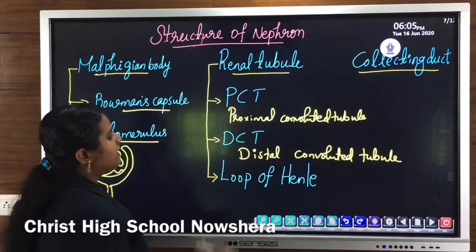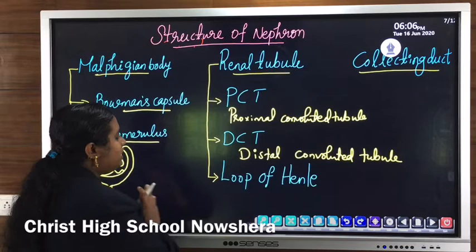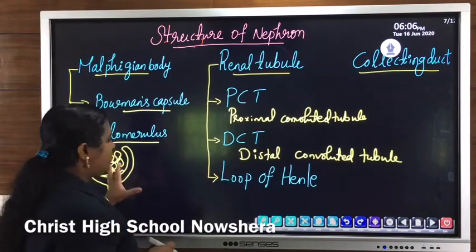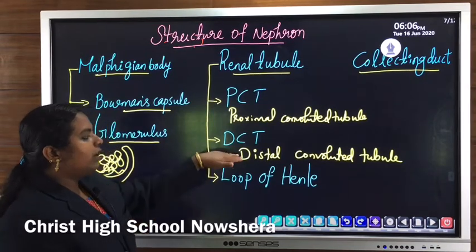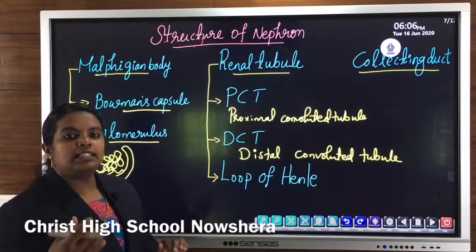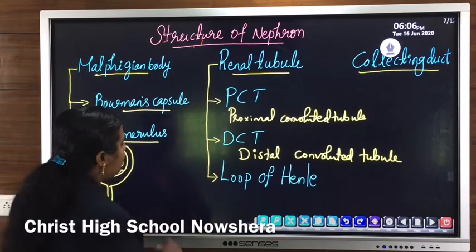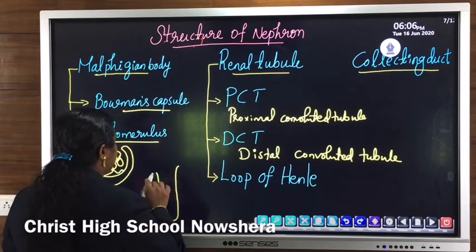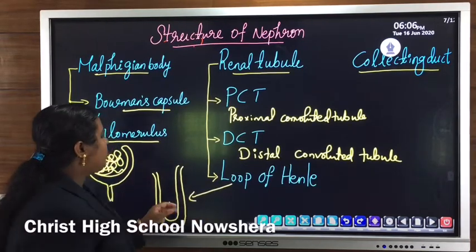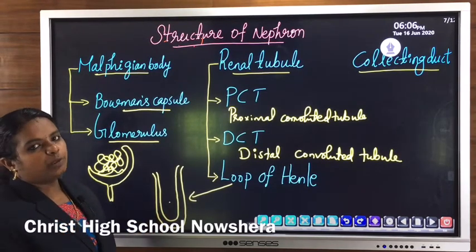Then the DCT, the distal convoluted tubule, is the tube which is away from the Bowman's capsule, not lying near it. And the bending portion, the U-turn like structure, is known as loop of Henle.